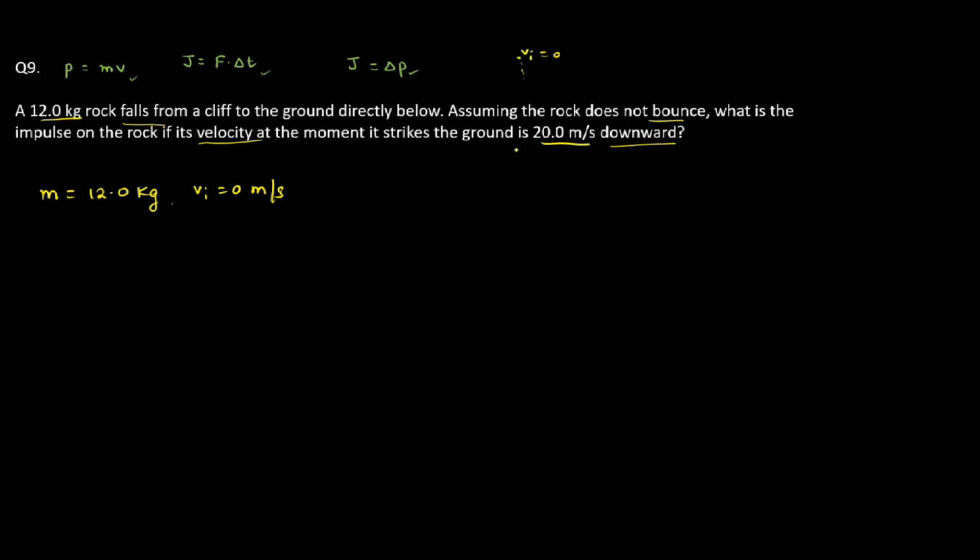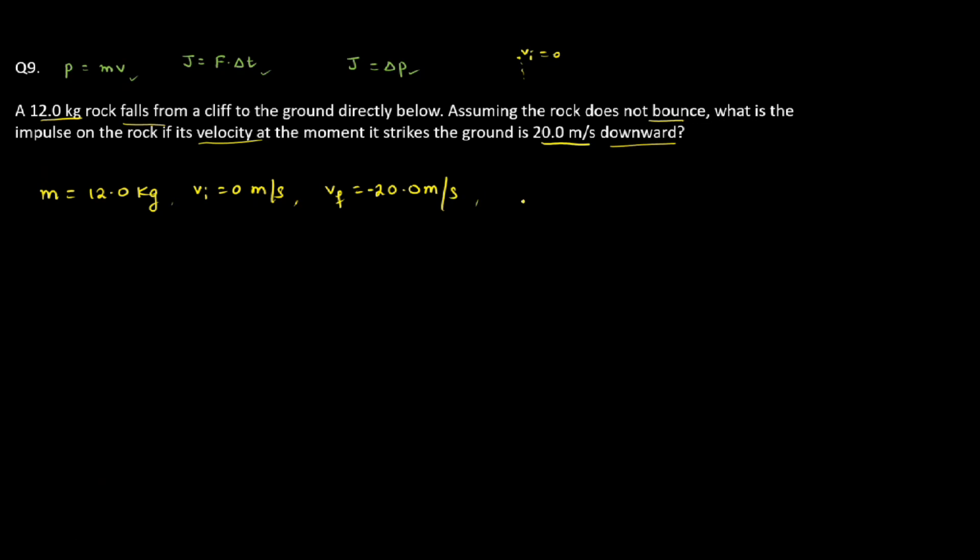When the rock hits the bottom, its speed is 20 meters per second facing downward. So this I will call my final speed, v final, 20 meters per second. And since the direction of the speed is downward, I will write this as negative.